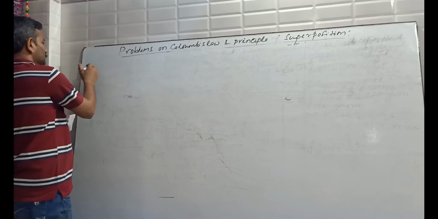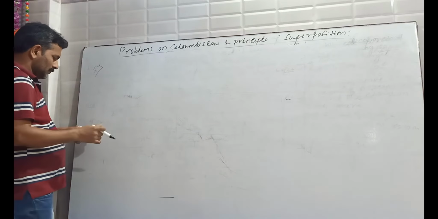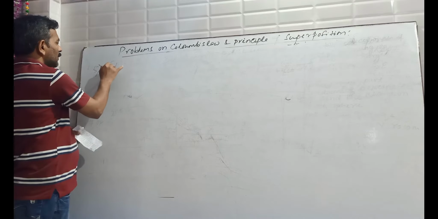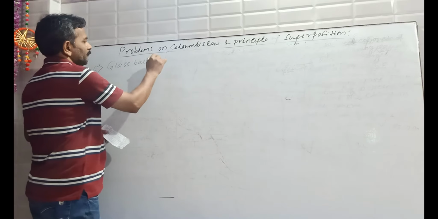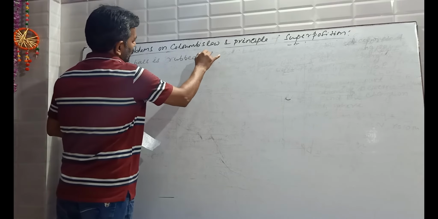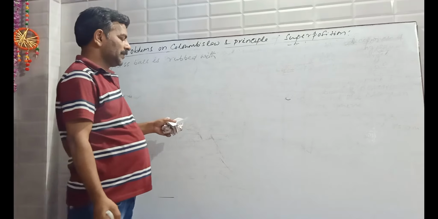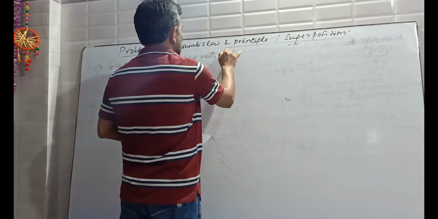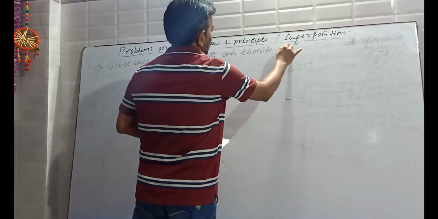Fifth question. You write: a glass ball is rubbed with an ebonite ball.